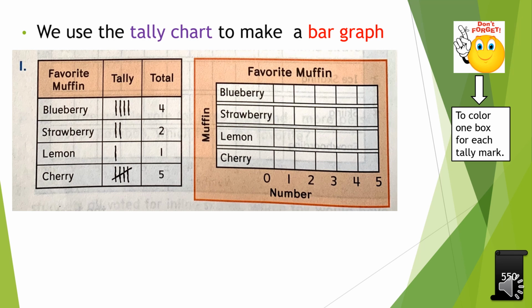So you need to color how many boxes? 4. Strawberry, how many tally marks? 2. So you need to color 2 boxes. Lemon, 1 tally mark. You need to color 1 box. Cherry, 5 tally marks. So you need to color 5 boxes.